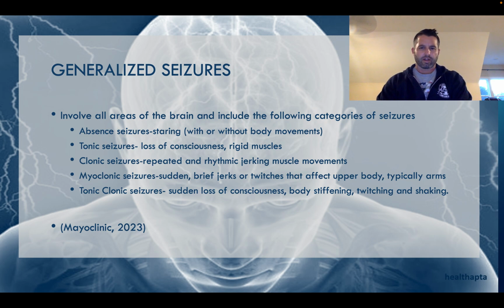I was trying to figure out how to differentiate between that and something we focused on in the focal seizures, but they had the myoclonic seizures in generalized, possibly because it's associated with a loss of consciousness.